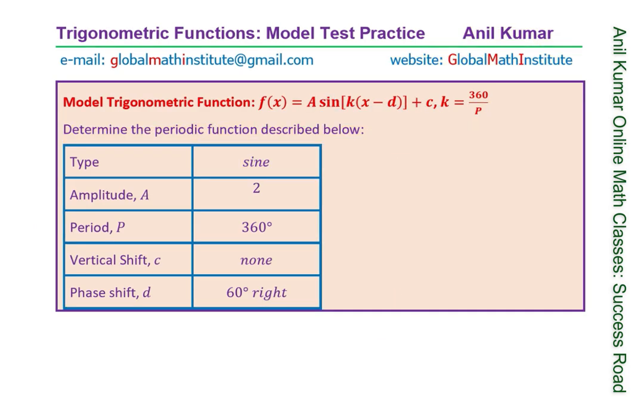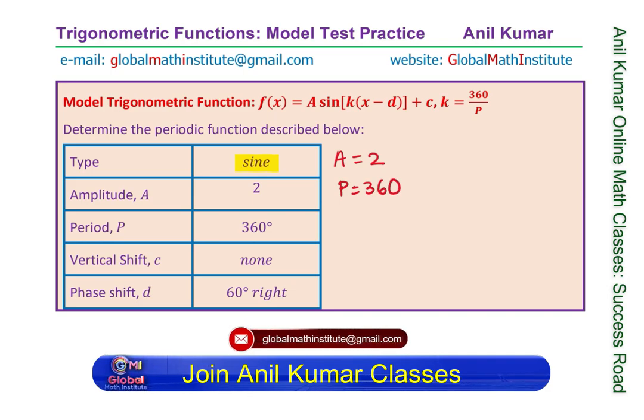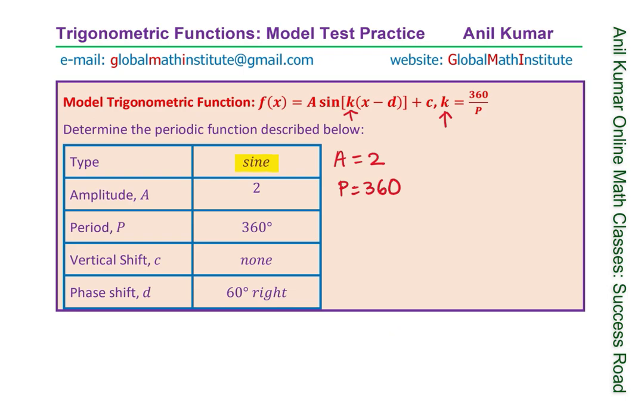Let's begin with the very first one, where we want to write down the sine function. And we are given a couple of things here. One is amplitude A, which is given to us as 2. Period P is given to us as 360 degrees. Now, when the period is given to us, we can find the value of K so that it can be substituted in the model A sine K x minus d plus c.